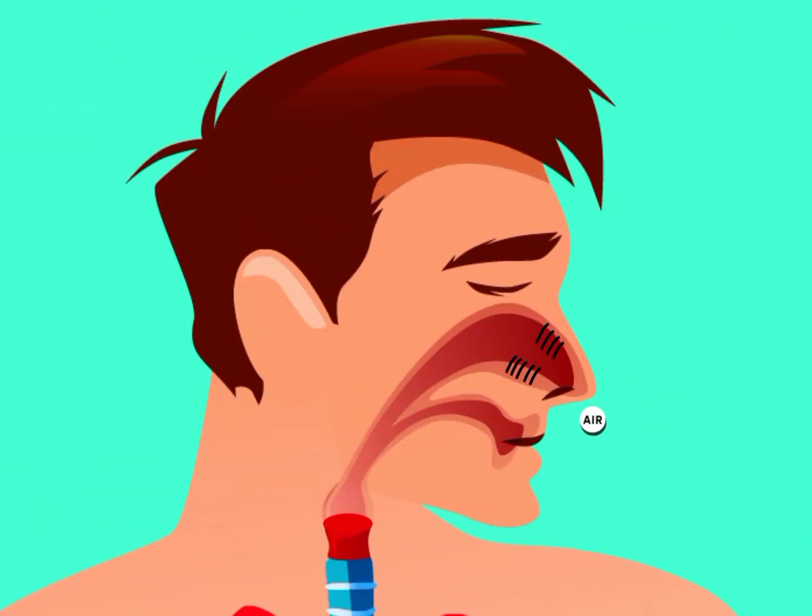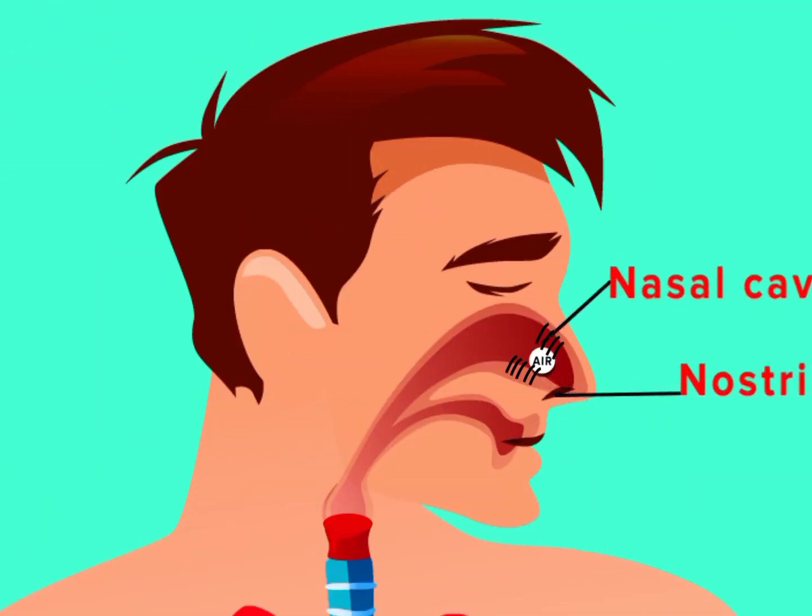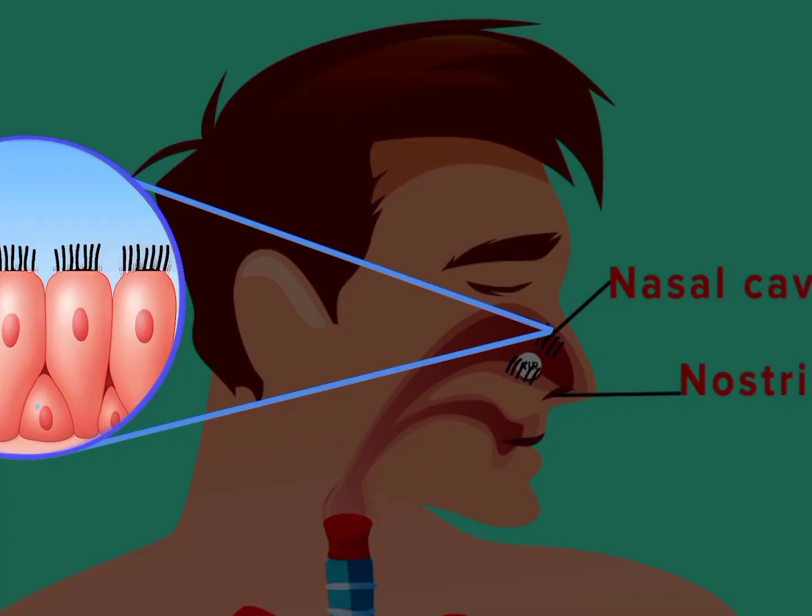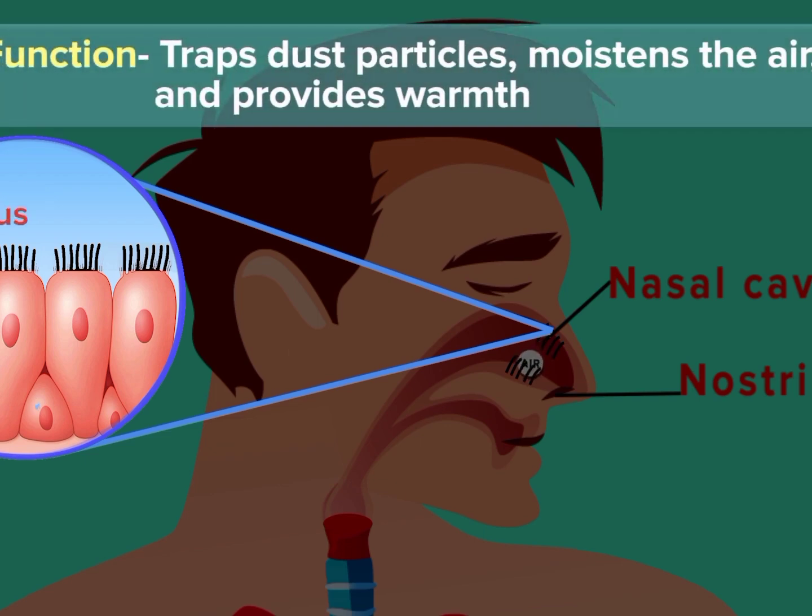So the air enters the human body through the nostrils, which then passes through the nasal cavity. The air is filtered by special hair-like structures in the nasal cavity called the cilia. The cells of the nasal cavity secrete mucus which traps the dust particles and blocks them from moving ahead.